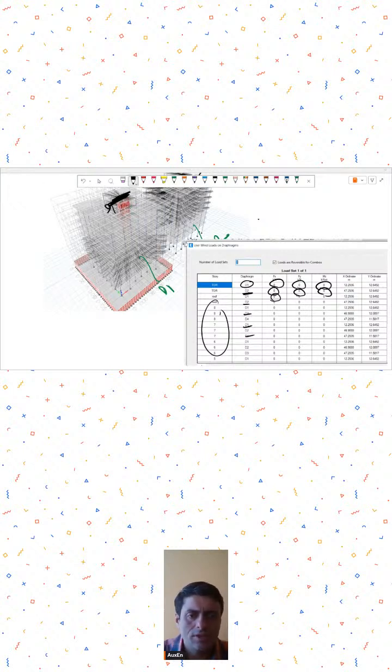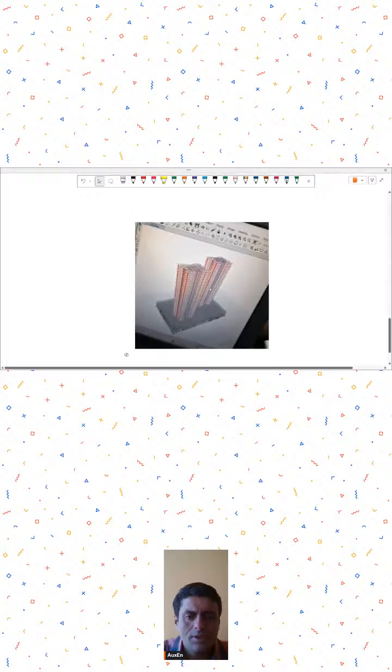He has shared one screenshot also. Yeah, the same thing what you have done. Correct. Mr. Rohit has shared the screenshot.